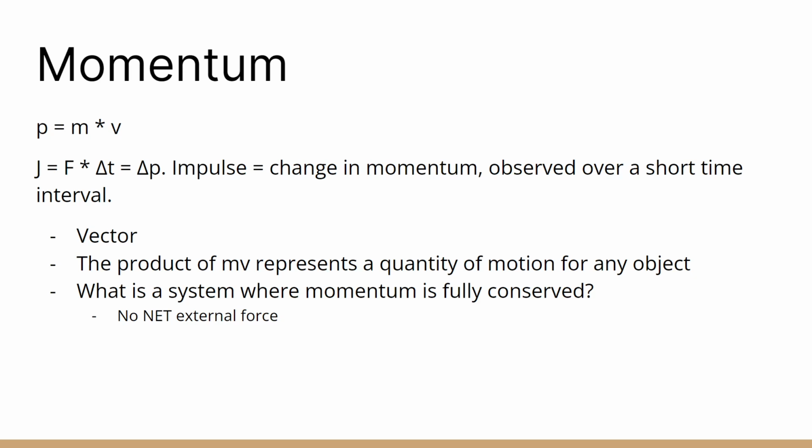Also, notice that the product mv, again, is linear momentum, and it represents a quantity of motion for the object. You can use it to describe physically what is going on. Like if two balls, one very heavy and one very light, are rolling at the same velocity, you're going to say, if the bigger ball hits you, it's going to be a much harder impact than the smaller ball.